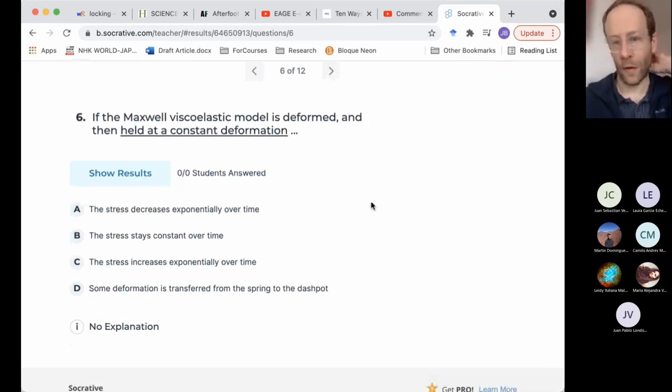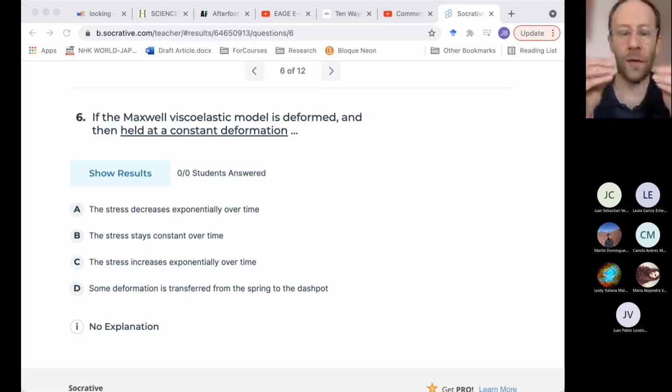So here you have another configuration. You're still with Maxwell, but now you're going to take the model that maybe had 10 centimeters. You're going to extend it to 20 centimeters like this, and you're going to hold it at this position, and you have to tell me what's going to happen.